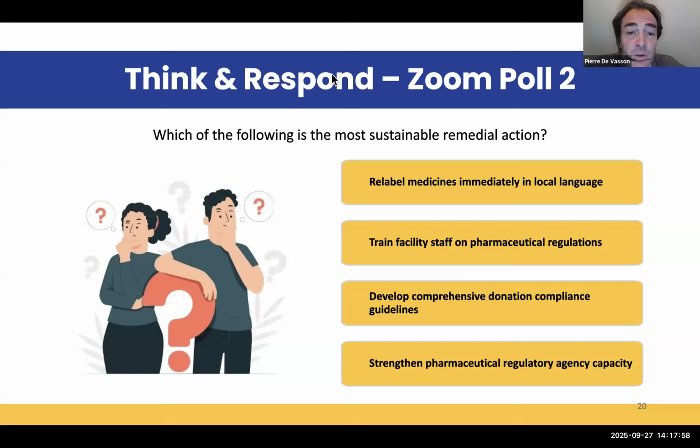Number 3 is develop comprehensive donation compliance guidelines, which is one of the solutions. But more broadly, we need to strengthen pharmaceutical regulatory agency capacity, and that includes the development of comprehensive donation compliance guidelines. Now, donors and technical partners might not follow the guidelines.